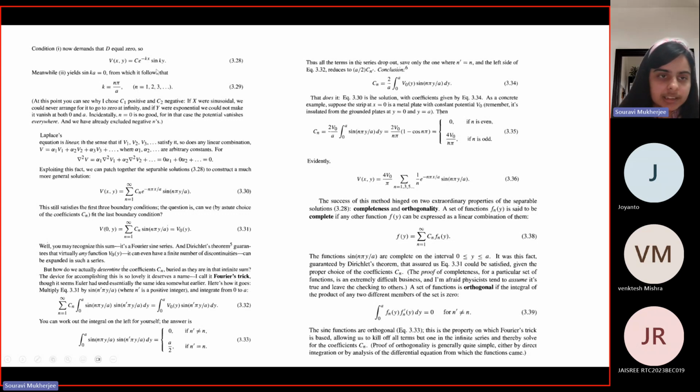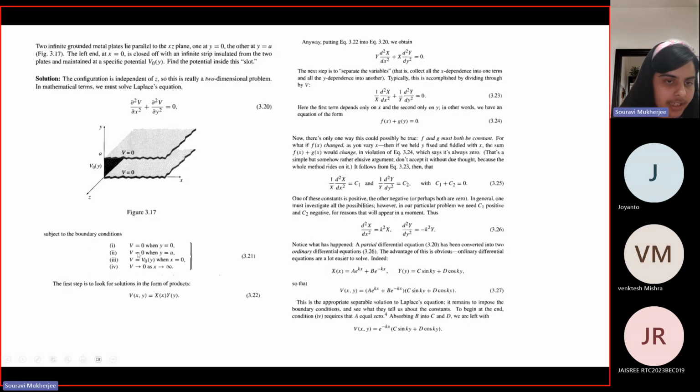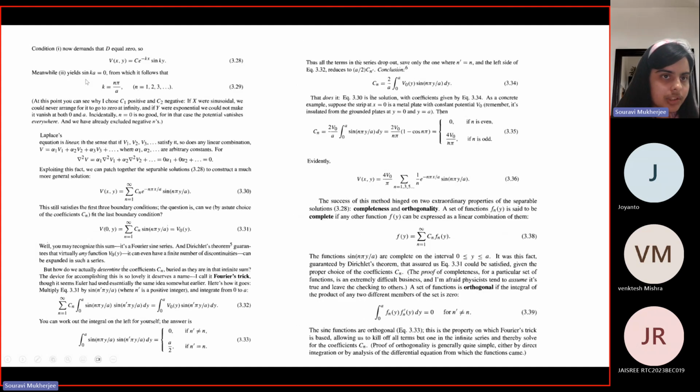Now you apply this boundary condition which says that your potential should be 0 at y equal to 0 as well as at y equal to a. Right? So that means any values of k for which sin(ka) goes to 0 will satisfy that condition.